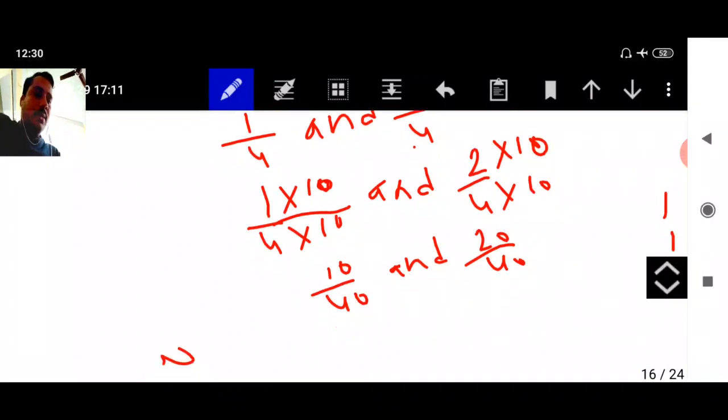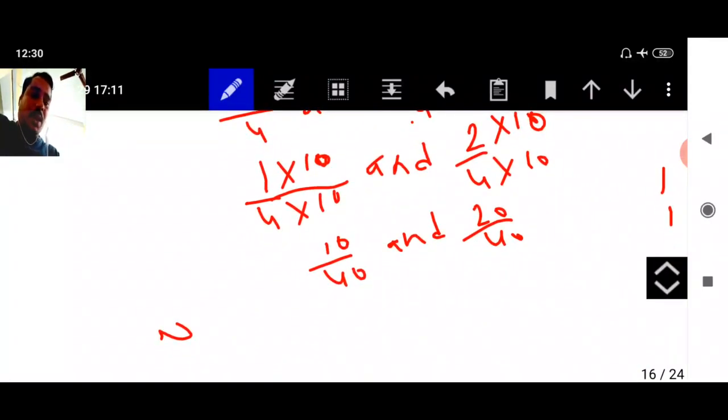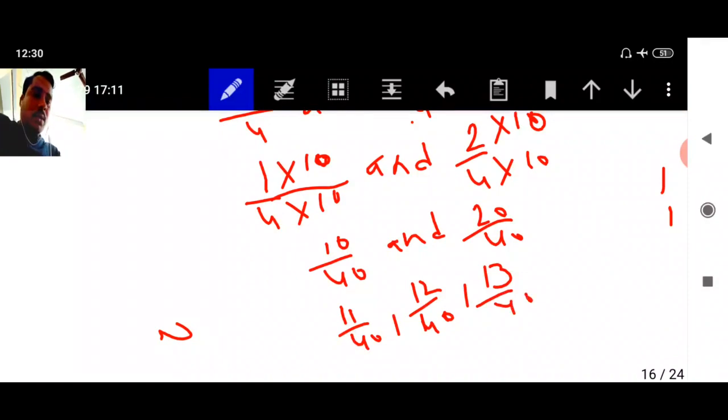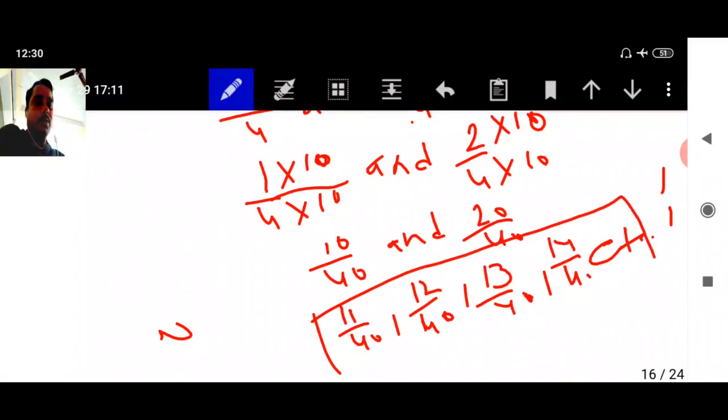We can write the rational numbers between these as 11 by 40, 12 by 40, 13 by 40, 14 by 40, etc. You can write as many rational numbers as you need.